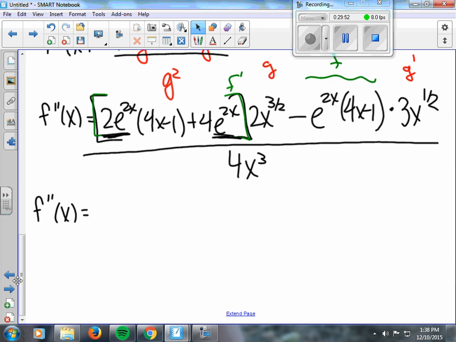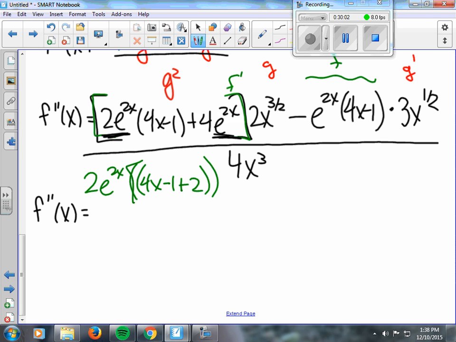So let me factor him. He would be 2e to the 2x, 4x minus 1 plus 2. So this was the original bracket. And so that's 2e to the 2x times 4x plus 1. So this is the f prime. I just factored it a little bit.